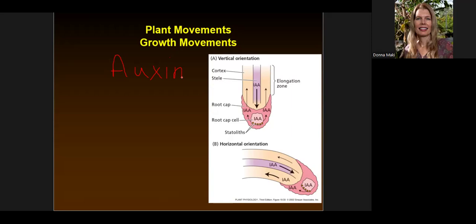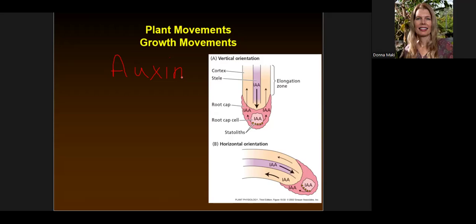And there's a word for this, something like upside down fountain, because the IAA comes down and then just goes whoop, back up, and you're seeing here kind of even amounts. It flows down and then it goes back up the root.